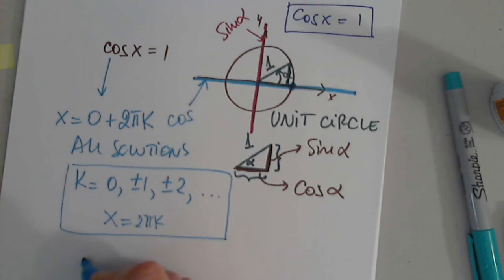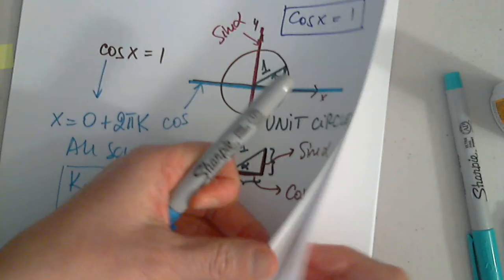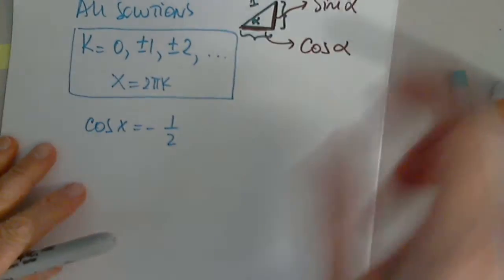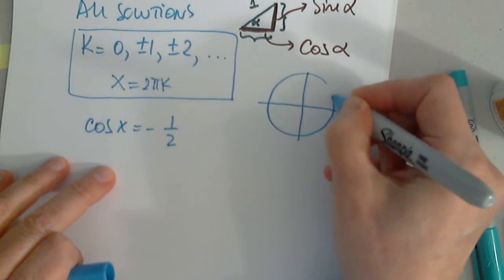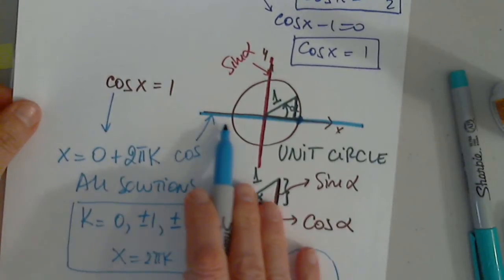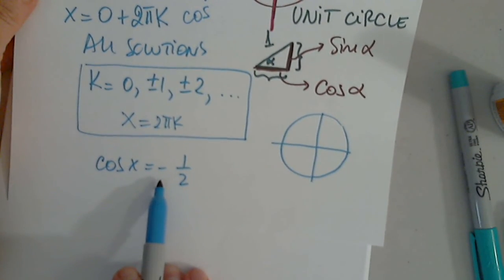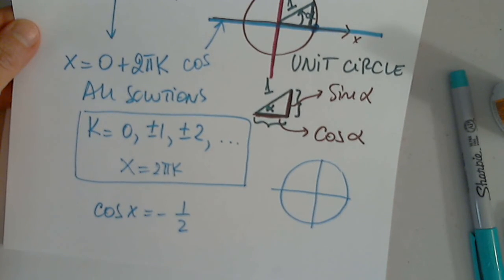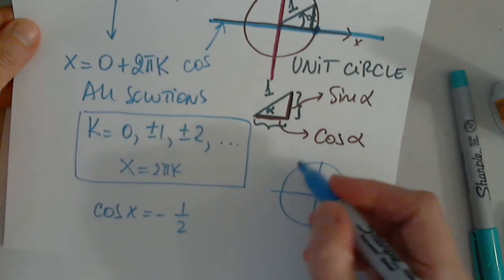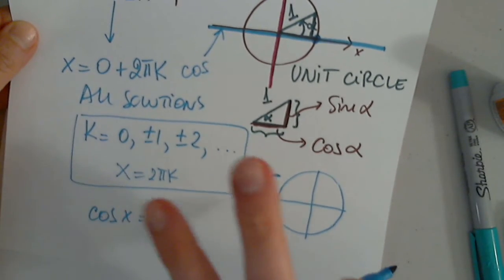Now the other one, cosine x equals -1/2. I know I'm down to what, 1 minute or 2 minutes? Okay. So back to the unit circle. Since cosine is measured on the x-axis and cosine is a negative number, which quadrants will have cosine negative? 2 and 3. Thank you very much. So therefore, I have to find two angles.